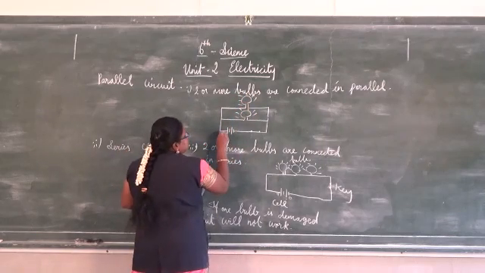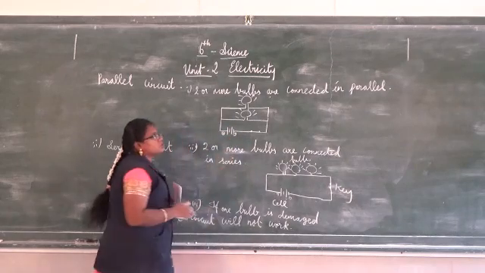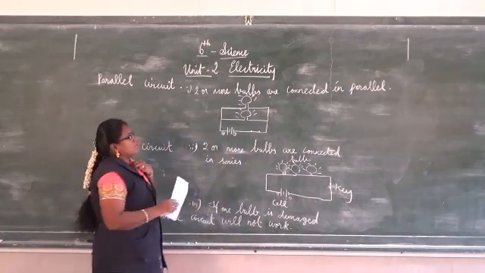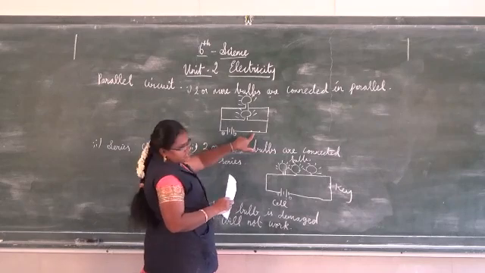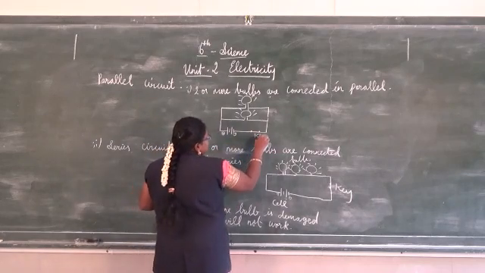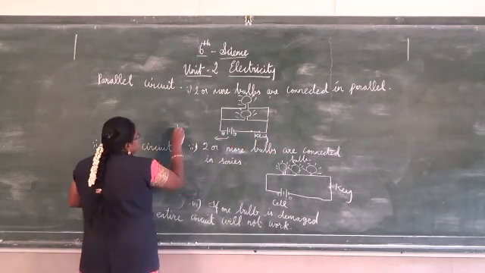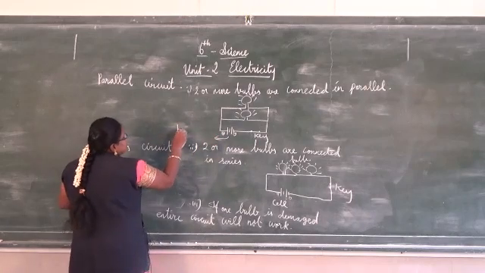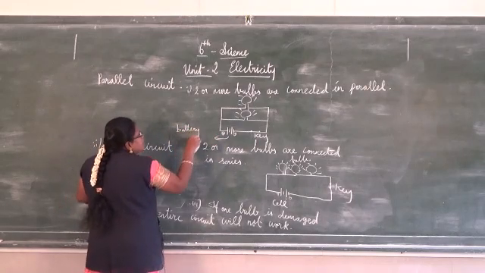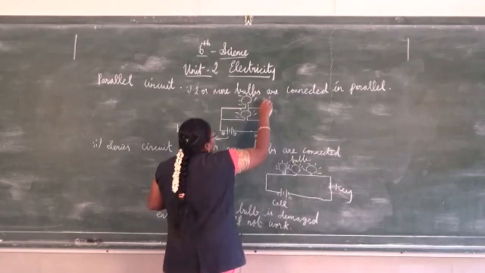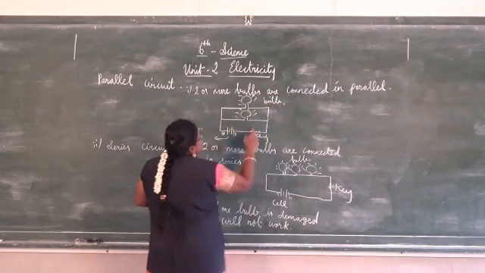See here positive, negative. When the key is touching, here the key is, and here the battery, two cells, so we can say it is a battery. Here the bulb is now in on position.